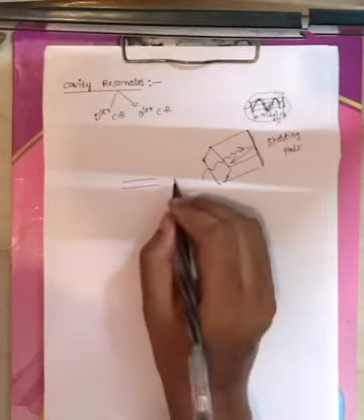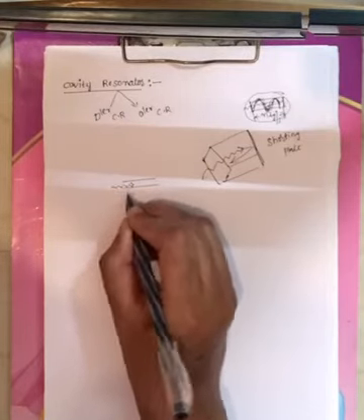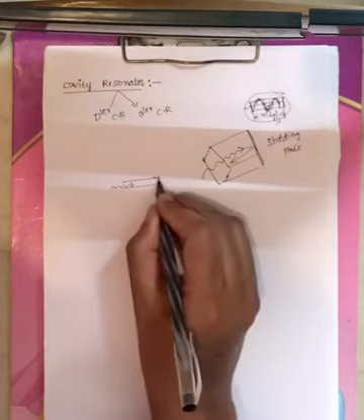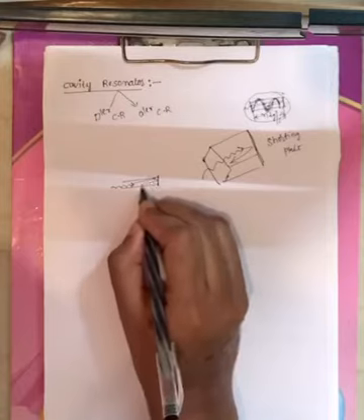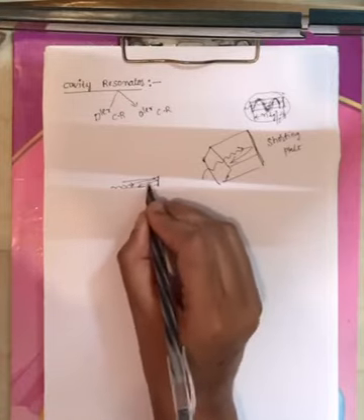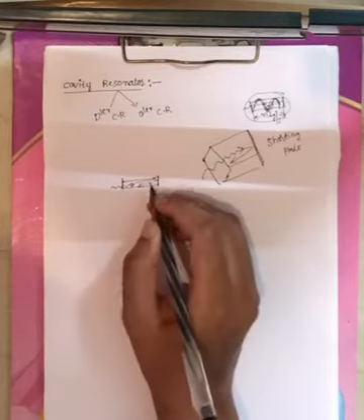Now to this rectangular waveguide we are transmitting microwaves, right? When one end of this waveguide is terminated with a shorting plate, whatever wave you are transferring will get reflected. The other end is also terminated with a shorting plate.